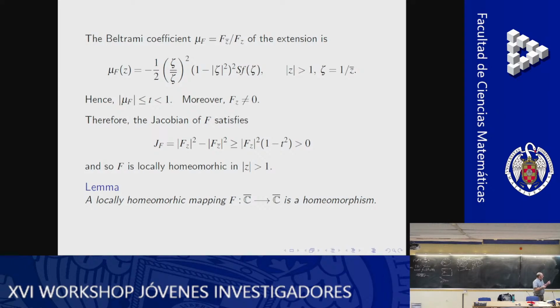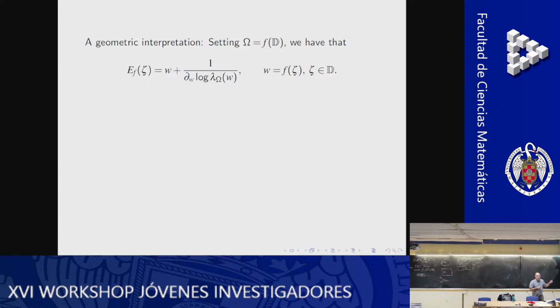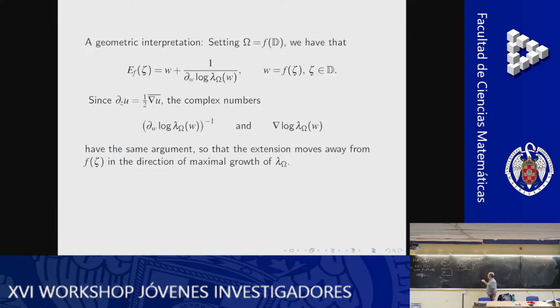Right. Now, some understanding of the formula. This is not going to be needed, but it's too nice to leave outside. I cannot not mention it. So a geometric interpretation. Say that you have your mapping taking the disk to some domain omega right over there.